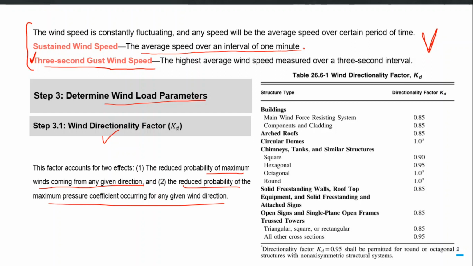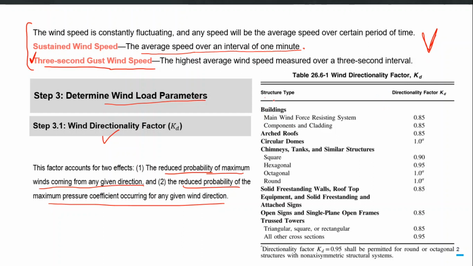So there is a probability that our particular structure direction doesn't experience the maximum wind, because the maximum wind direction can be different from the direction of our structure in which we are analyzing our building. Therefore there is a factor accounting for that, and that is called the wind directionality factor.